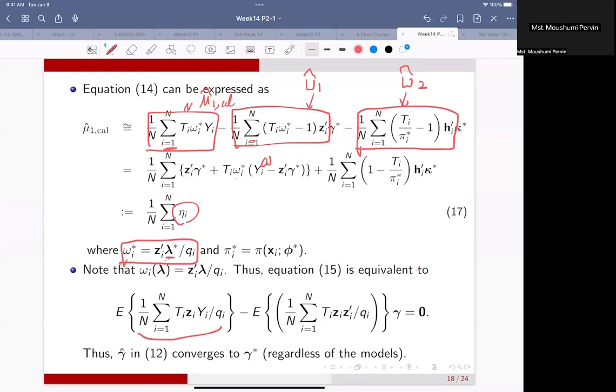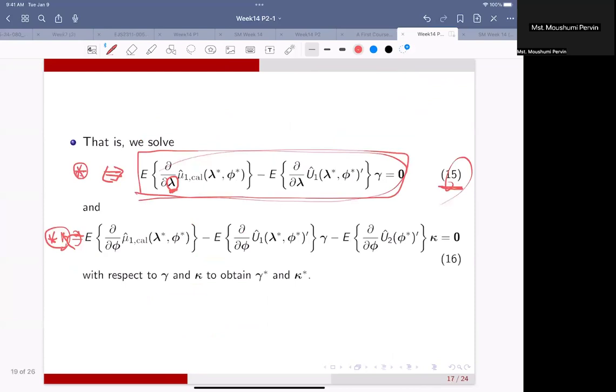So this guy is nothing but the partial derivative with respect to lambda, the calibration, mu. This guy.